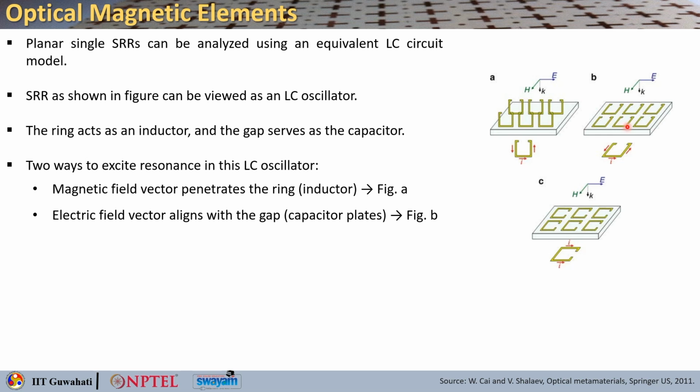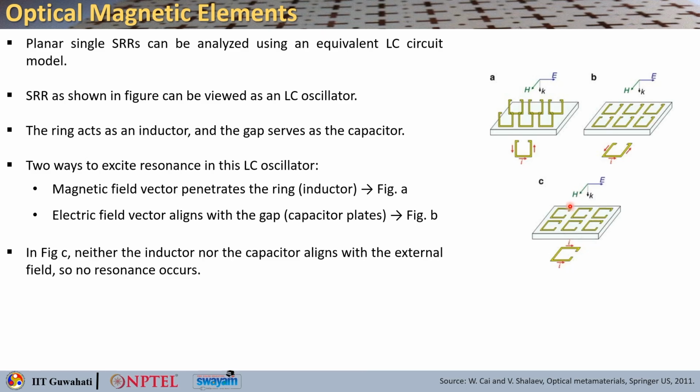Okay. And in the second case the electric field vector should align with the gap. Okay. So, you can say that the electric field vector must be aligned normal to the capacitor plate, that is the surface of the cut, and that will also give you the magnetic moment.